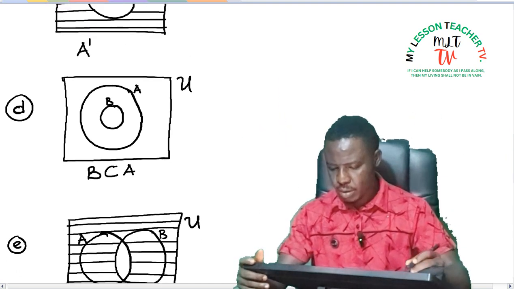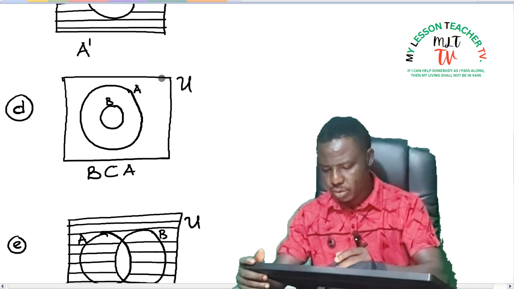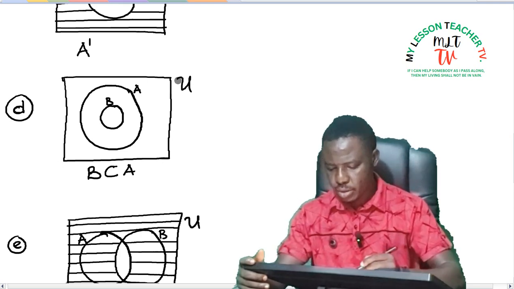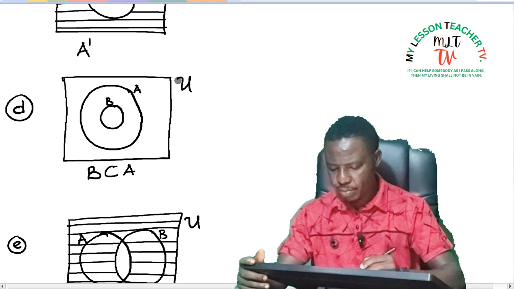In D, we have the universal set represented using the rectangular shape.